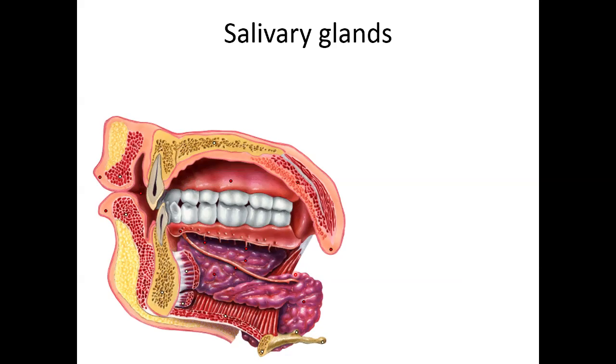There are small salivary glands, which are difficult to see without a special preparation in the oral cavity, and 3 large salivary glands. Exactly, glandula submandibularis, glandula sublingualis, and glandula parotida.